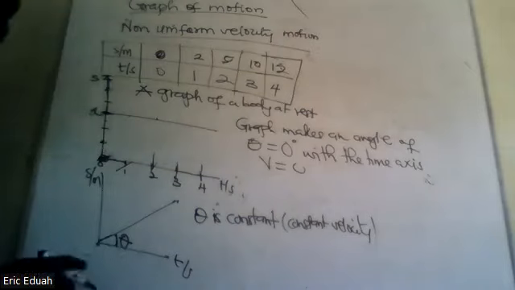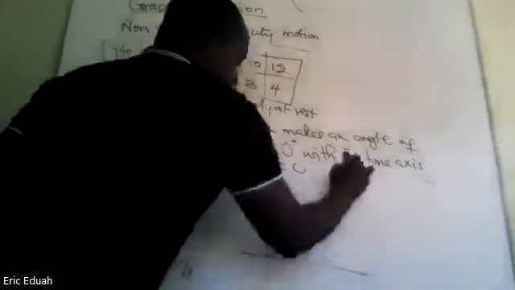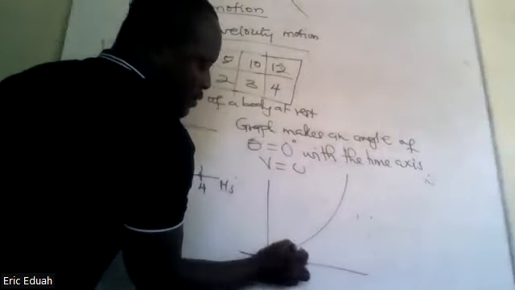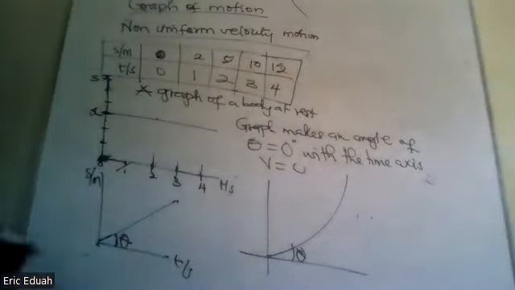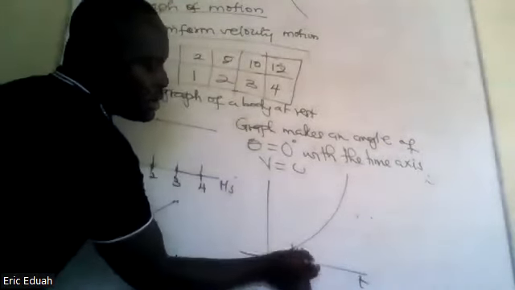Another point. If the angle made with the time axis, theta, is an increasing one, look at this graph. As time goes on, what is happening to theta?